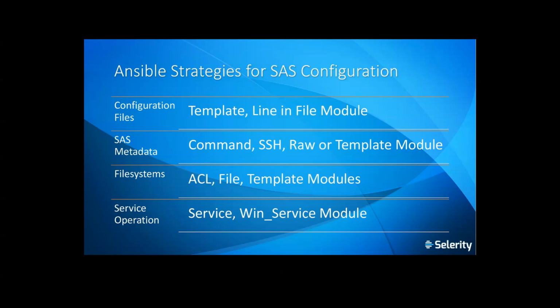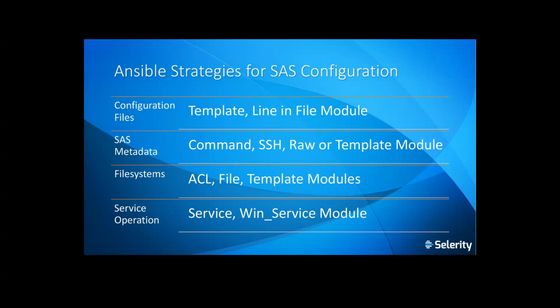That might be something like your app server autoexec file for an application server. You only want content in that file that matches what you expect. The template module is perfect for that. It will do a complete replacement of the file based on data that you're actually managing from Ansible.